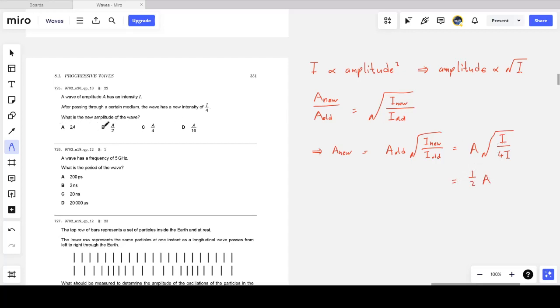So A over 2, and this corresponds with option B. So whenever you're dealing with questions that have amplitude and intensity in them, you have to remember the relationship that intensity is proportional to amplitude squared, and be able to rearrange that to say amplitude is proportional to the square root of intensity when needed.